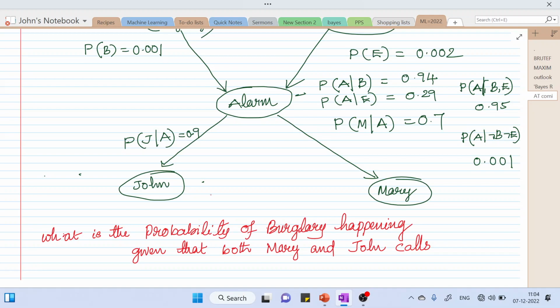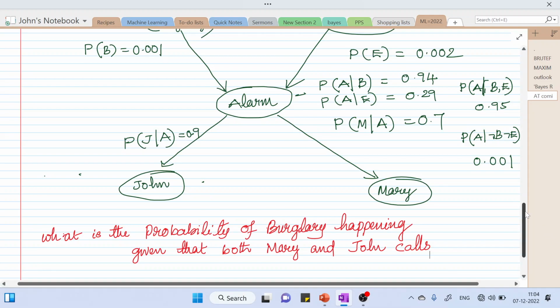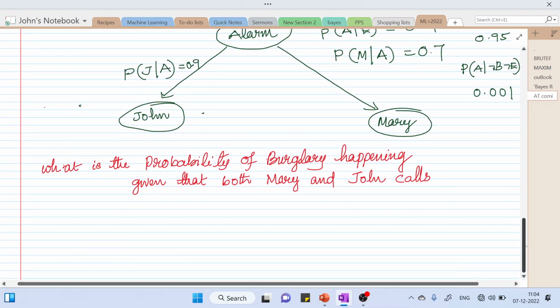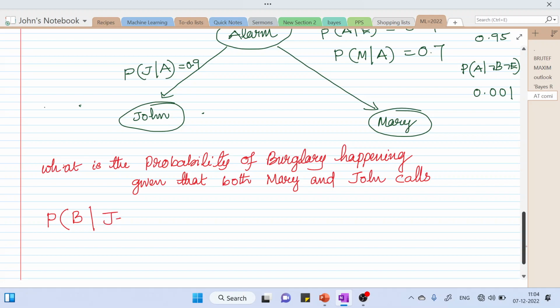So here the question is, given that Mary called, what is the probability of burglary given that John called and Mary called?